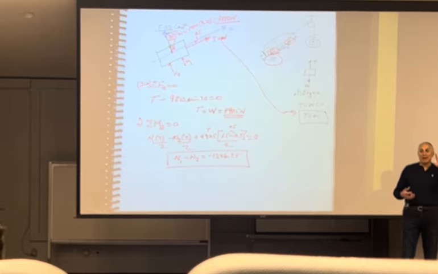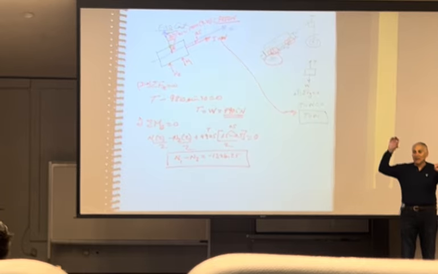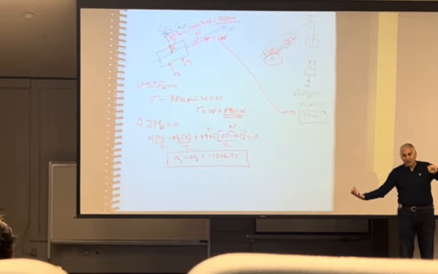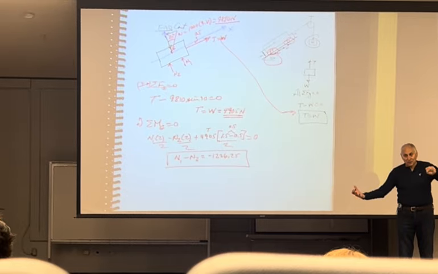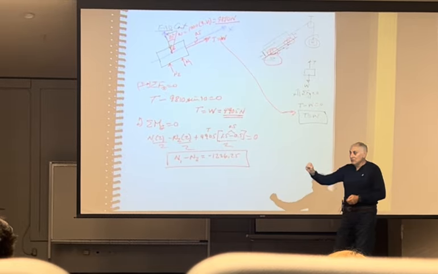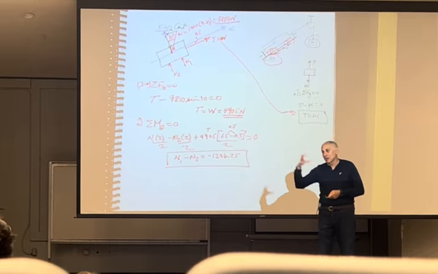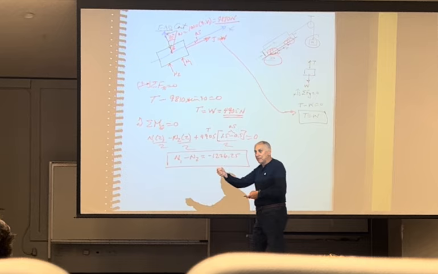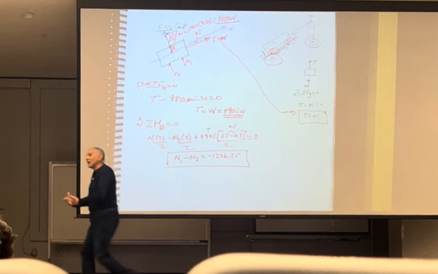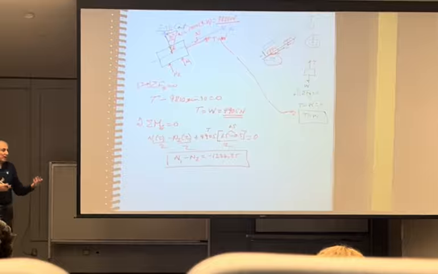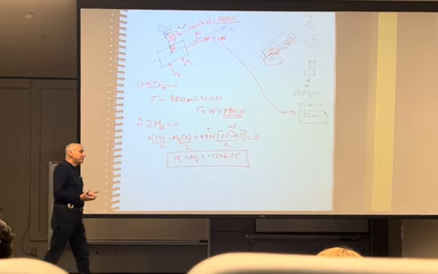If I take a moment at N1, since I already have the tension, I know the weight, I should be able to get N2. Moment at N2, I should get the value of N1.